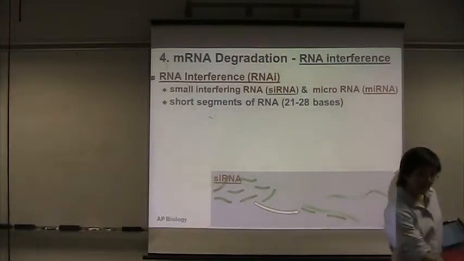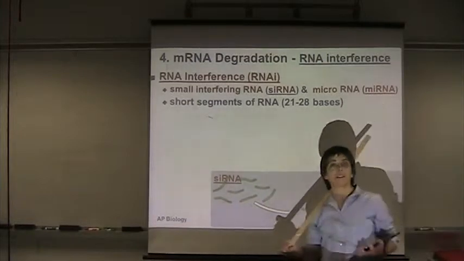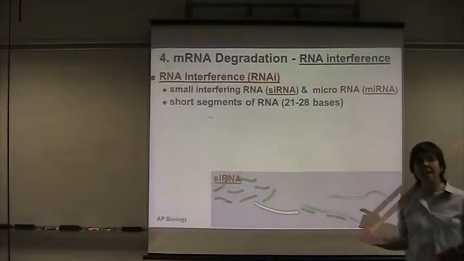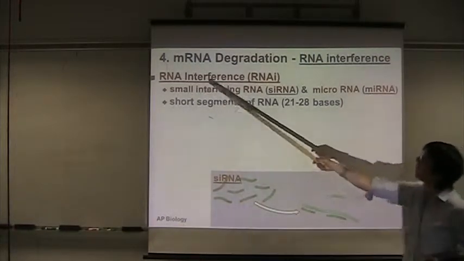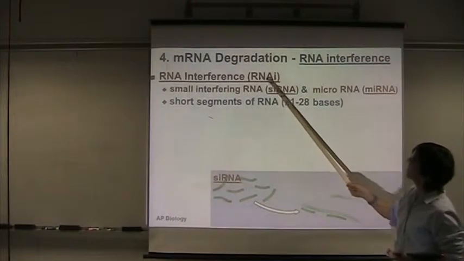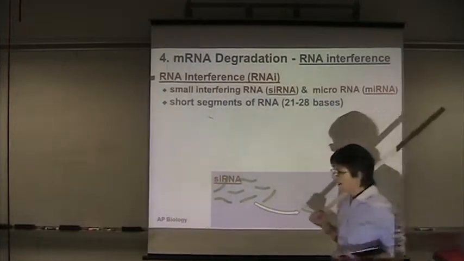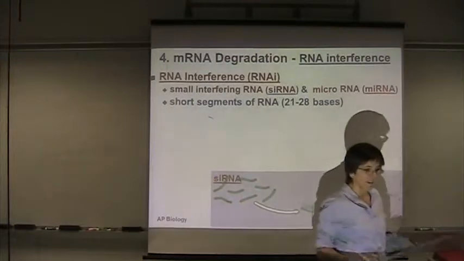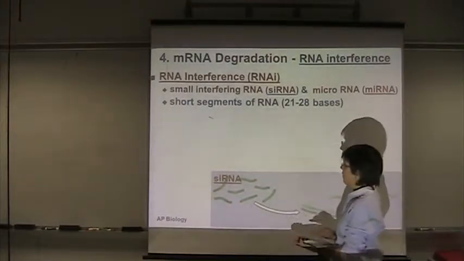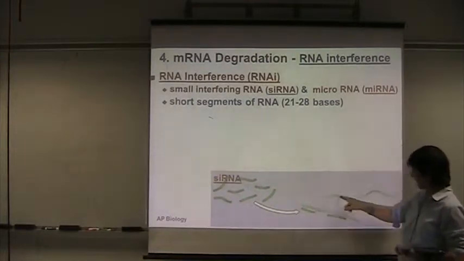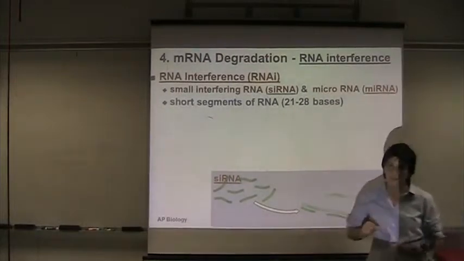So what's next is also a relatively new thing called RNA interference, and you can see it as RNAi there. Again, this is something relatively new. So you have your beautiful messenger RNA coming out there.